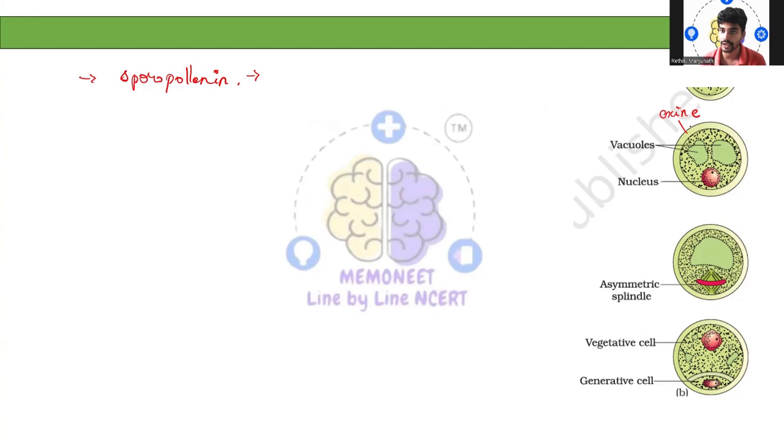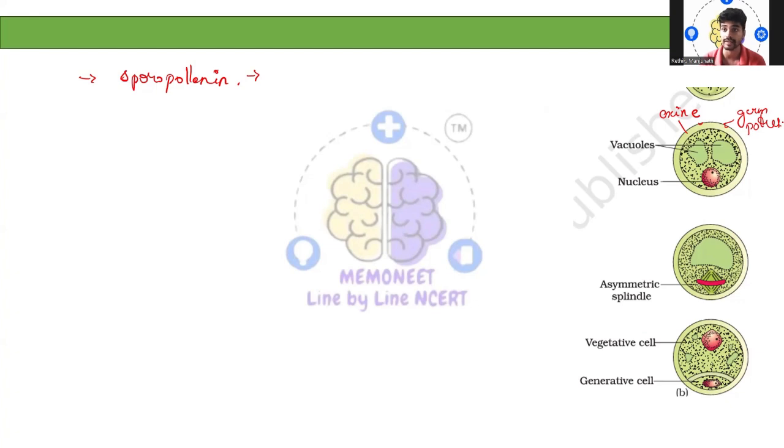But in the exine region, in some places you will find pores, a prominent appearance. They are called germ pores. In these germ pores, sporopollenin is absent.